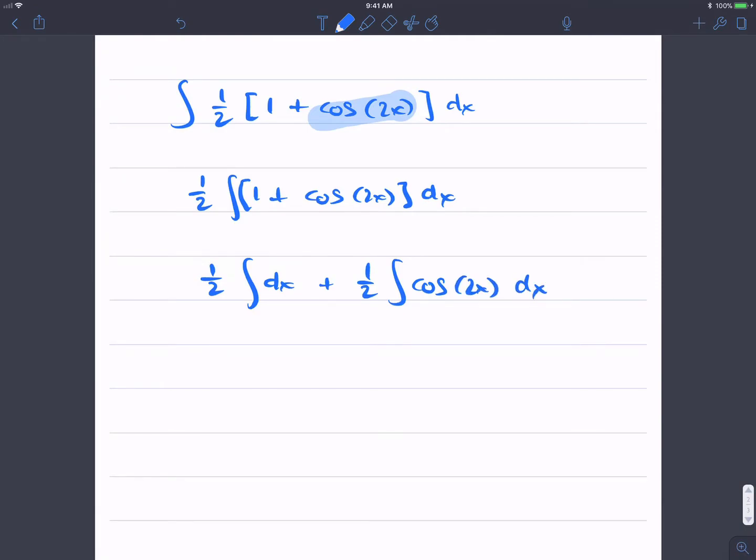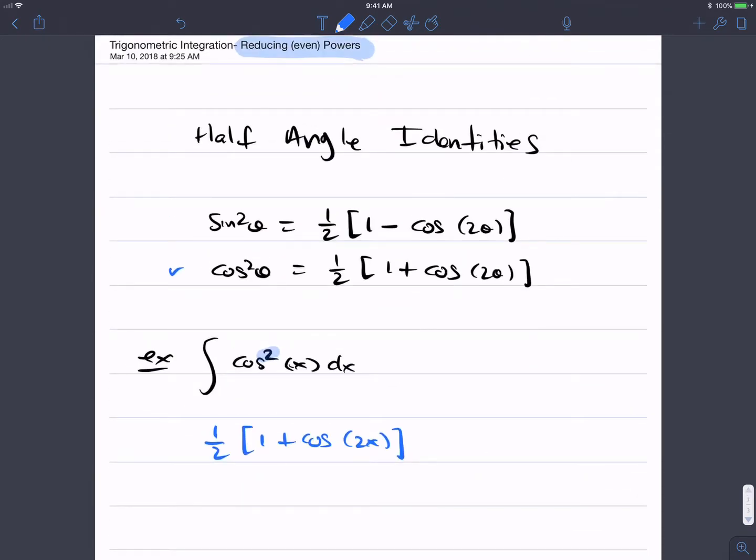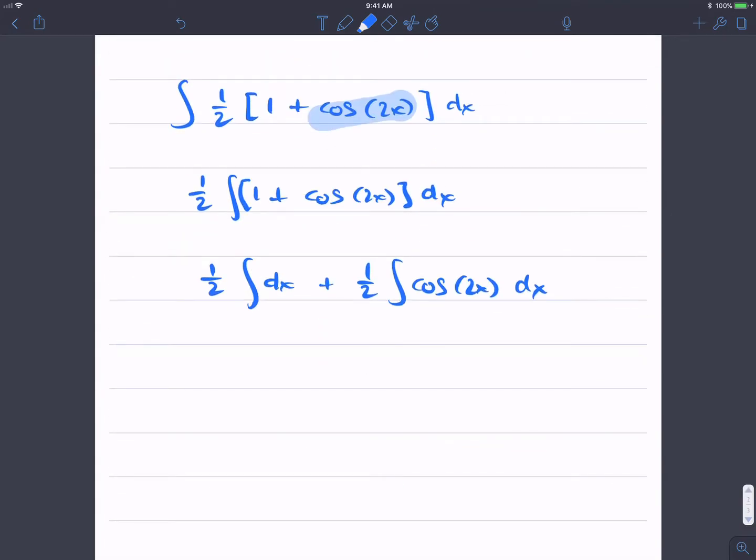You're now able to integrate this function here. So here's the original function, cosine squared x, using again your half angle identity for cosine squared. This is now reduced to power 1 where we can integrate.